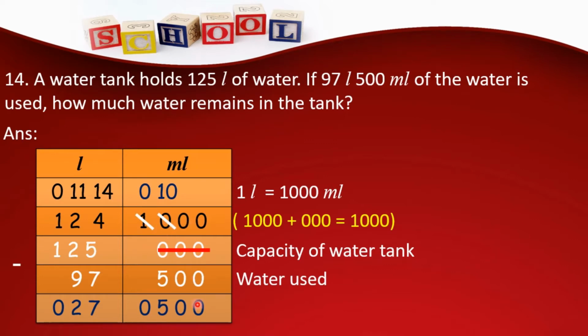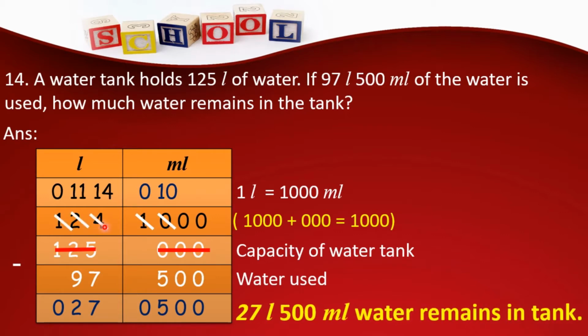Now we borrowed 1 liter from 125 liters, so it remains, we cut it and we write there 124 and we do the subtraction. So after subtraction we get the answer as 27 liter and 500 milliliter water remains in the tank.